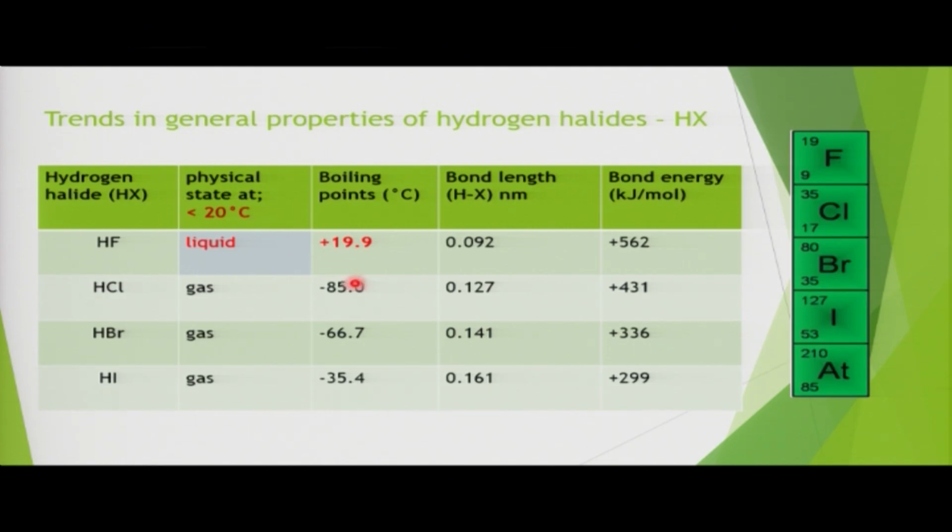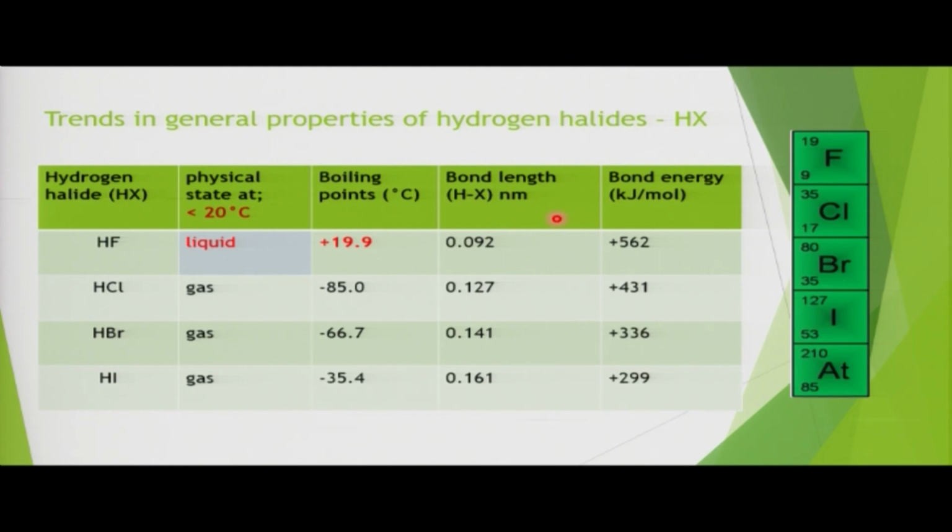In brief, it's because above that, we shall have exceeded the boiling point of hydrogen fluoride, indicating it will exhibit a different physical state. So at temperature below 20, hydrogen fluoride is a liquid, the rest are gases. You see the boiling points, you see the bond length, and the bond energy.